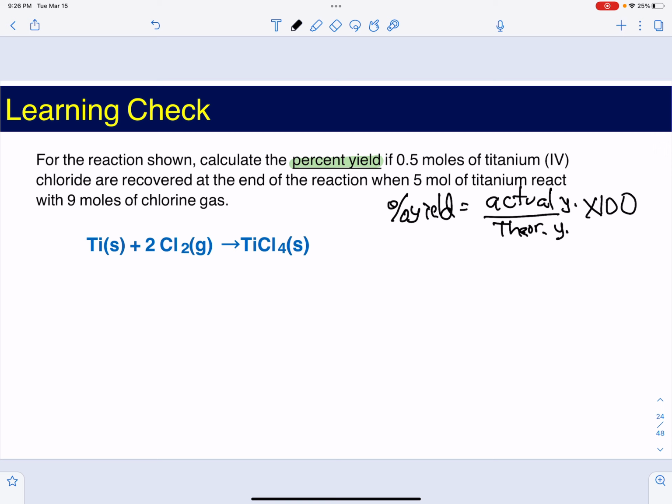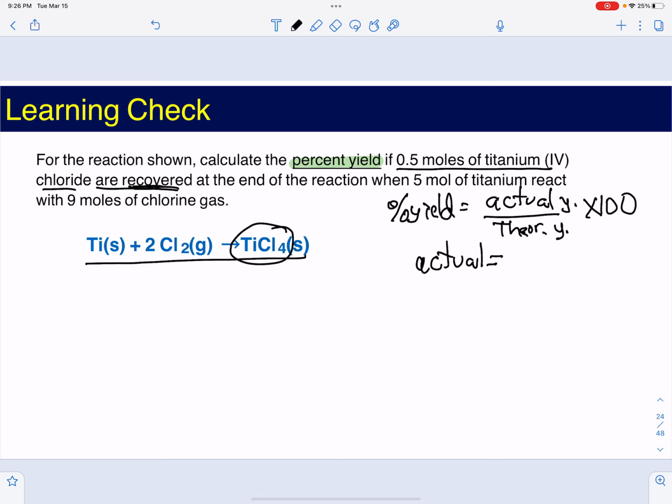So for this particular problem, we have a balanced equation. It says for the reaction, calculate the percent yield if 0.5 moles of titanium 4 chloride are recovered. So this is my actual yield. My actual is what is being recovered at the end, which is 0.5 moles of titanium 4 chloride. So all I need to find is the theoretical yield, which you know how to find, right?